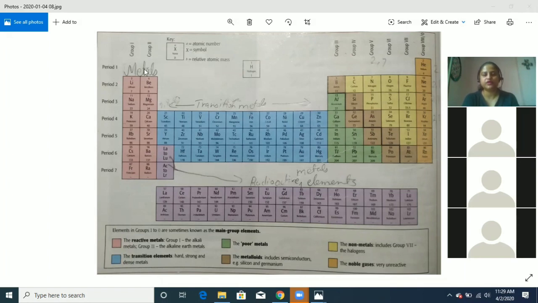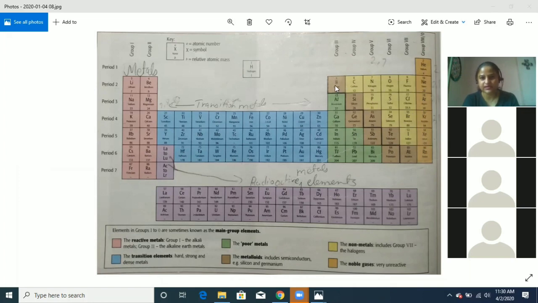The first group and group 2 are called alkali metals. The blue metals, the metals represented by blue color, are called transition metals. The purple metals, represented by purple color, which are kept below the periodic table, are called radioactive elements or inner transition elements, and the rest of the elements belong to the third, fourth and fifth groups. The yellow boxes contain non-metals, and the last group is the inert gases.